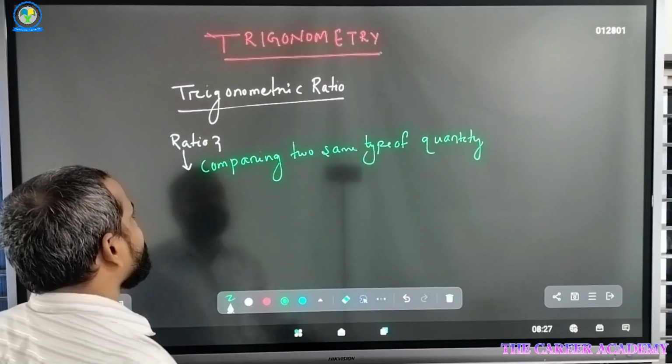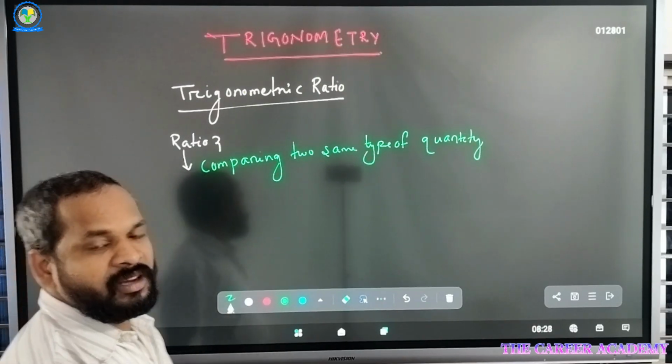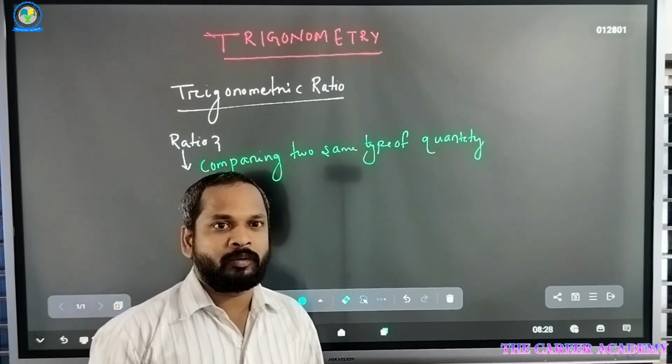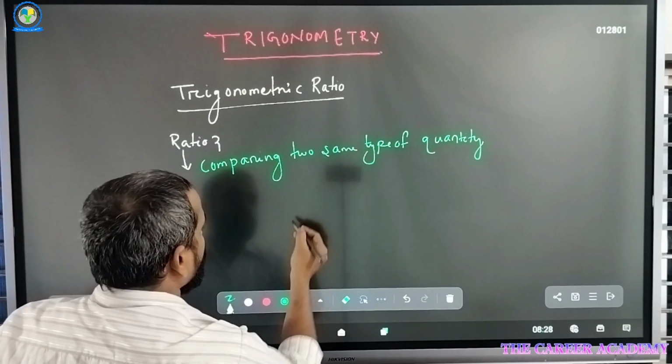Same type of quantity means that when we are finding the trigonometric ratio, we are actually comparing the length between two sides.